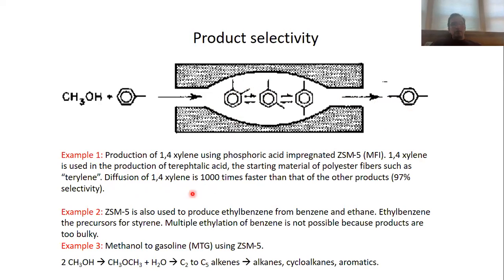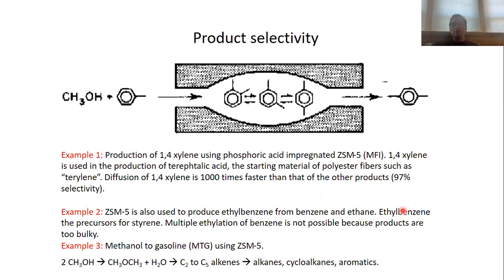Okay, so there are other examples. You can also use ZSM5 as a product selective catalyst for the production of ethyl benzene from benzene and ethane. So in principle, the benzene could be ethylated not only one time, but multiple times.